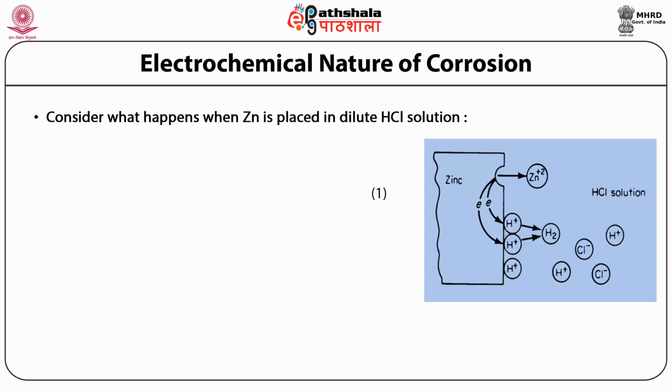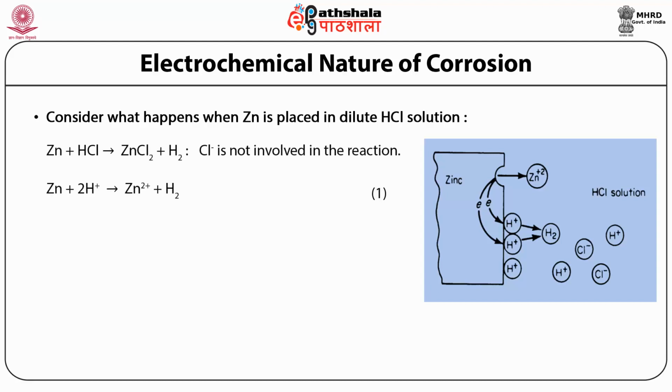Visibly, hydrogen gas bubbles form on the surface of the zinc rod, and then gradually zinc loses its mass in the form of zinc ions in the solution. That is, the reaction can be written as Zn plus HCl gives ZnCl2 plus H2.